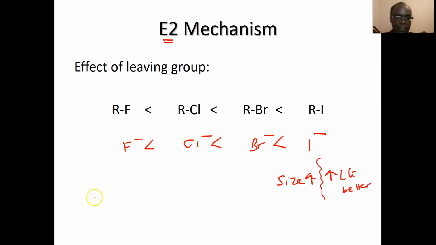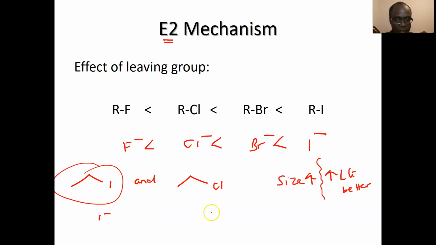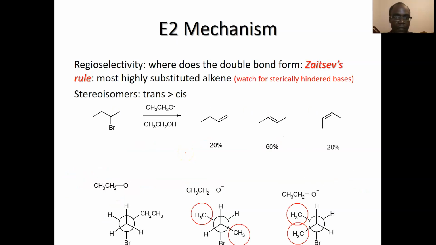So if I ask you between this and this, which one will react faster in E2? The answer would be this, because it has an iodide which can fall off quicker than a Cl minus. That's what this slide is saying. We will continue from here to explain what we call Zaitsev rule.